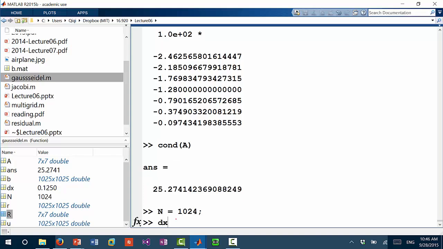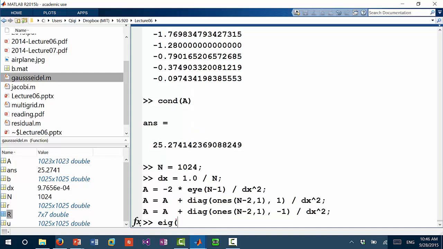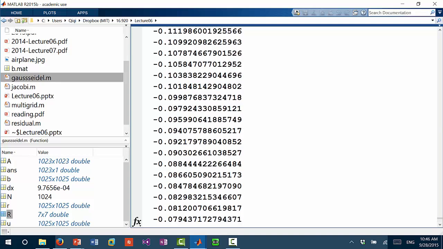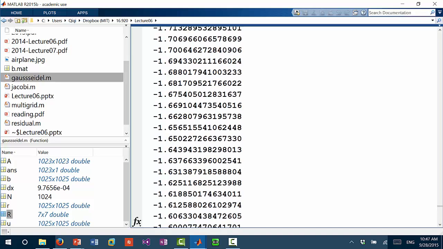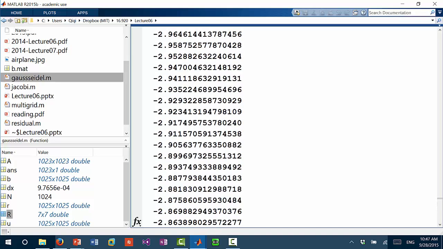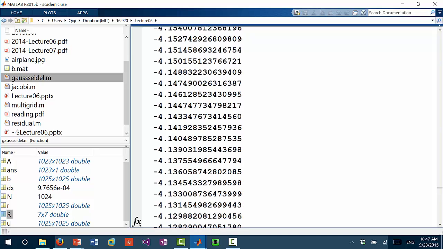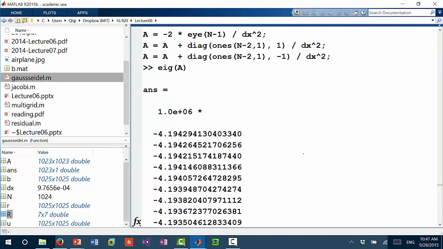Let's do n equal to 1,000. Construct A. The eigenvalues of A now go from something with 5 zeros to something quite large, on the order of 1, right?